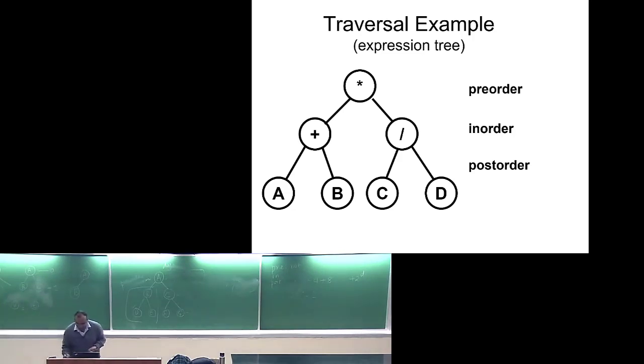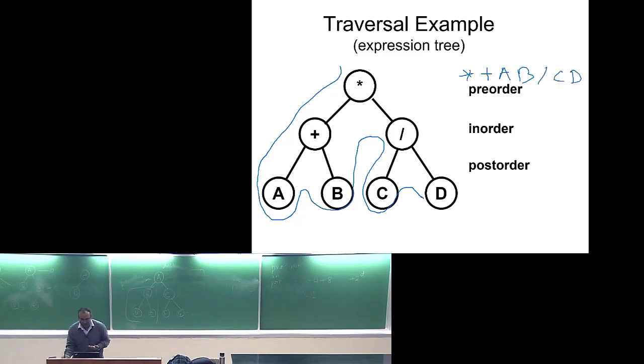We know the trick for pre-order, right, which goes like this. Okay, then this guy, and then this. Okay, so which will be star plus A, B, star plus A, B, division C and D.